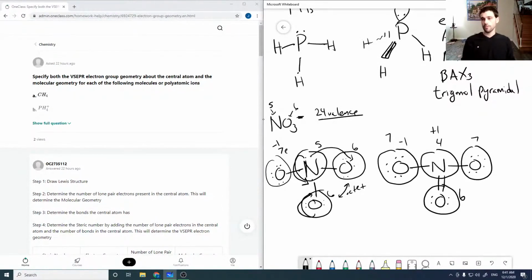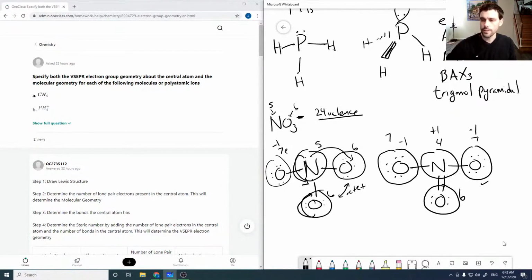And this oxygen normally wants 7, so that's a -1. So -1 plus 1 is 0, -1 is -1. So the whole thing's -1. If we count the electrons, 7, 14, 20, 24, so we're good. We got the right number of electrons, and all the octets are satisfied, so that's our appropriate structure.